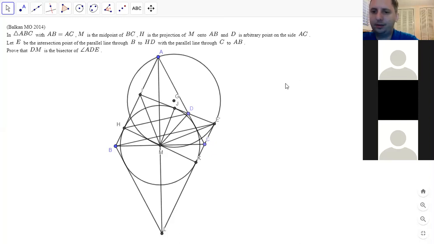Yeah, it looks like there has to be some similar triangles. That's what I'm thinking. I'm trying to think how I would do the similar triangles.